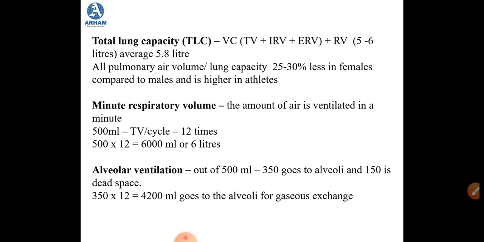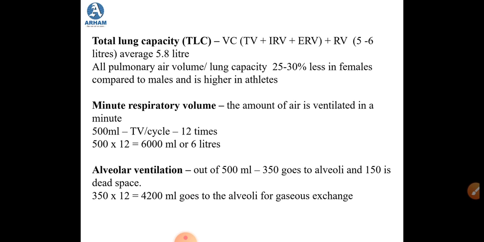Next, we also have to understand total lung capacity, that is TLC. This is VC. Why VC? Because VC itself is a sum of all the capacities. So VC is TV, that is tidal volume, plus inspiratory reserve volume plus expiratory reserve volume.